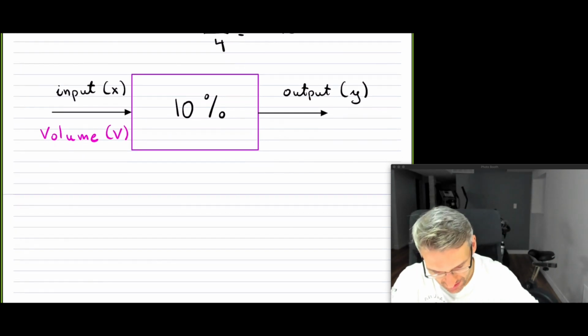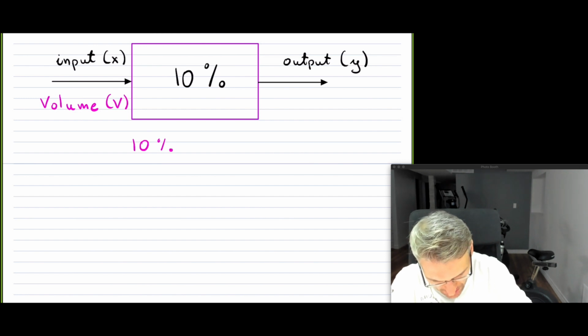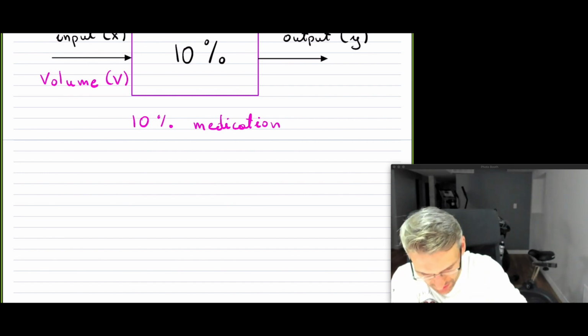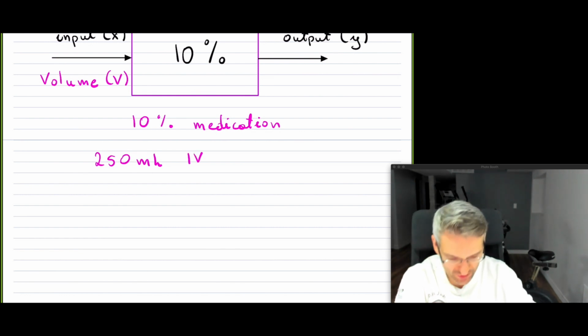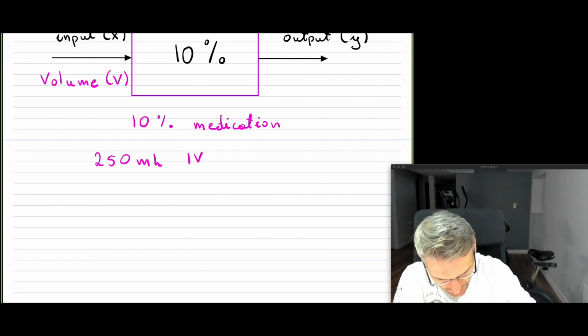For instance, if I said you have a 10% medication, and afterwards I would say that, all right, let's say I have a 250 milliliter IV, some IV bag which is hanging, and now it is at 10% concentration.